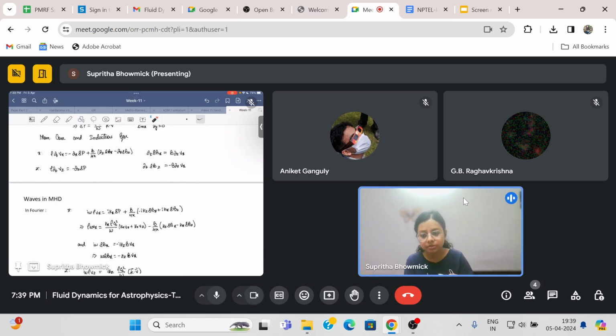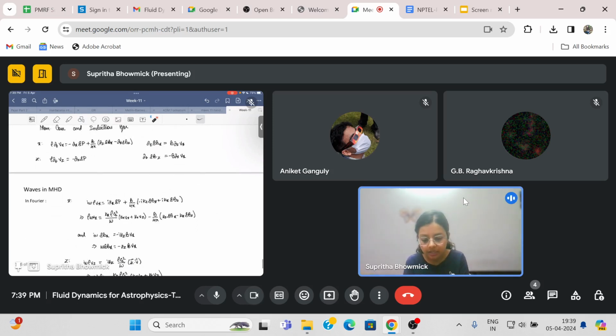Now we'll write this in Fourier space. We'll trade all of these derivatives for omega and k. The x component will be rewritten as i omega rho v_x has a minus del x delta p, and del x will give you a minus ik_x. There's a minus sign already over here. You have an ik_x delta p.